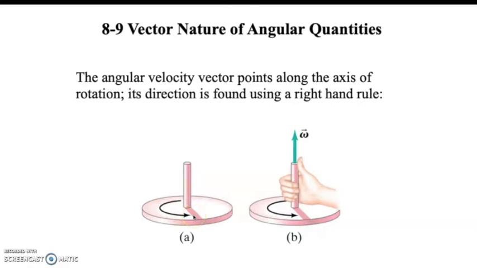And then whichever way your thumb points, okay, is the direction that vector goes. So spinning this way, the vector goes up. If it was spinning the other way, the vector would go down. Okay, and use your right hand. It's called the right-hand rule, and I'll demonstrate that hopefully with some of the practice problems.